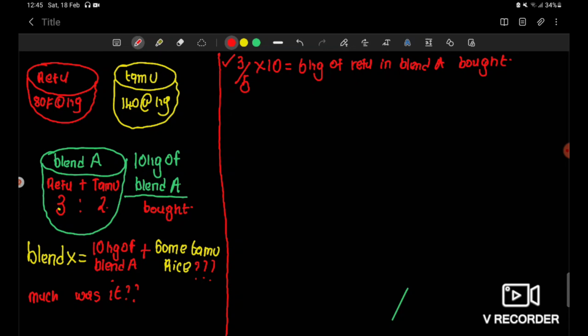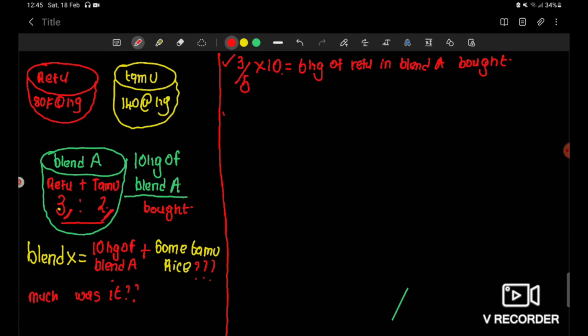How did we do that? Blend A is a mixture of refu and tamu in the ratio 3:2. So all you need to do is take 3 over the total ratio and then multiply with the number of kgs bought. What about the amount of tamu in kg in blend A bought?